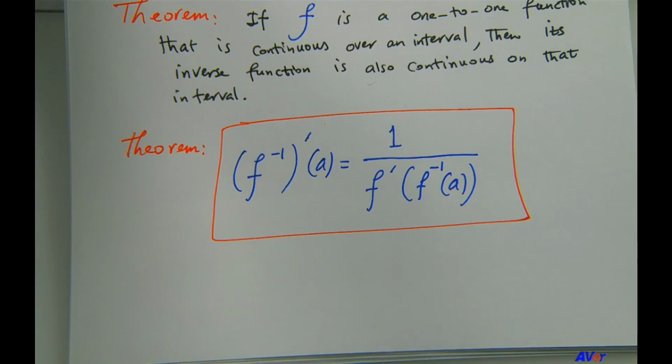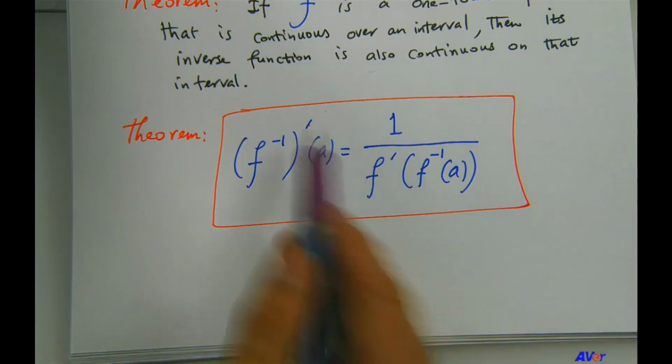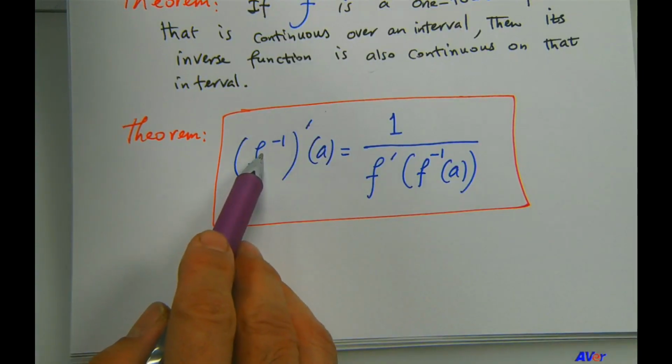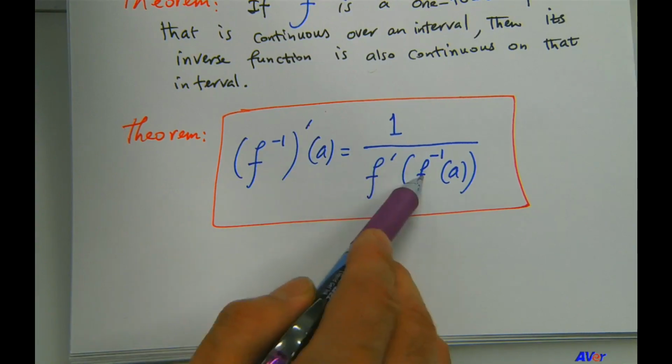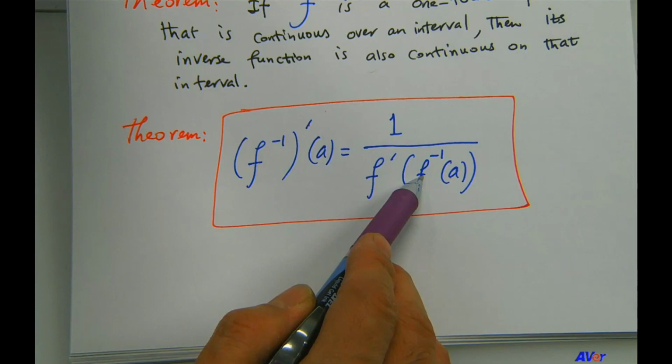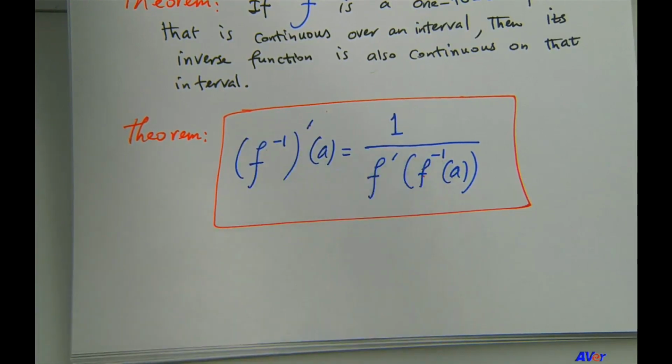That's not the intention of this formula. The intention is to show you the connection between the derivative of the inverse of a function and the derivative of your original function and the inverse function itself. That's the value of this formula.